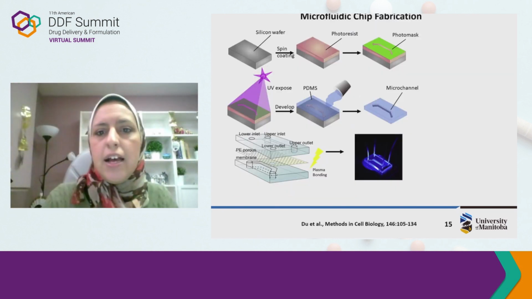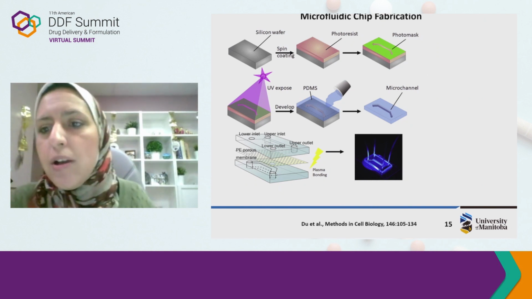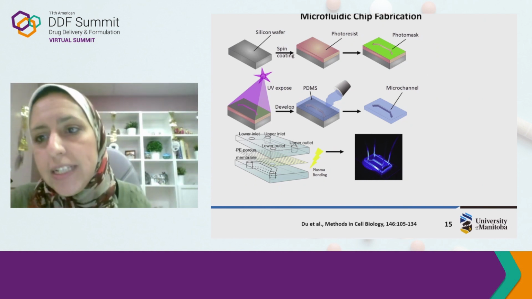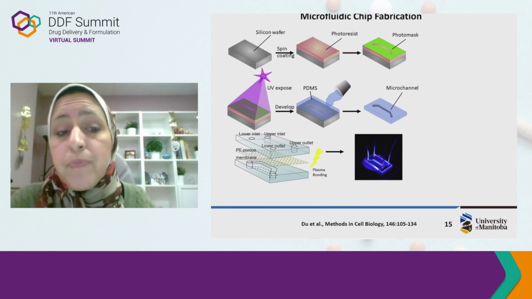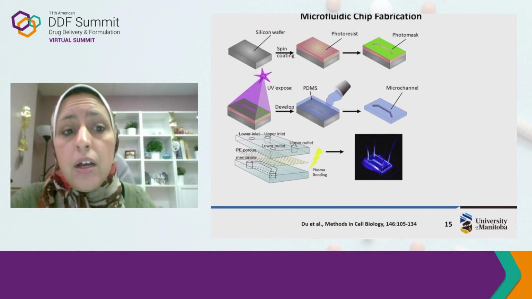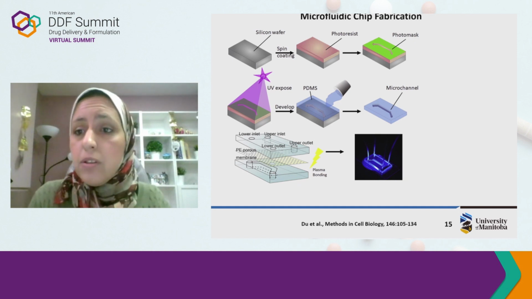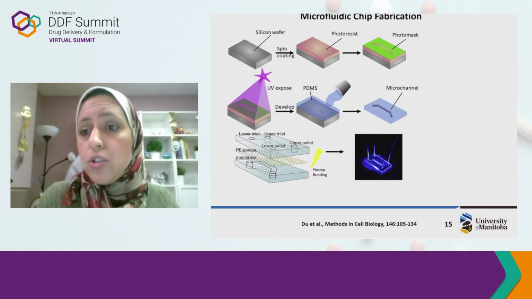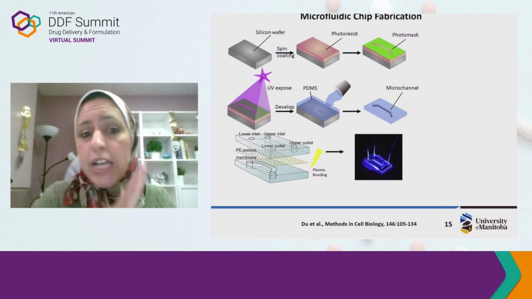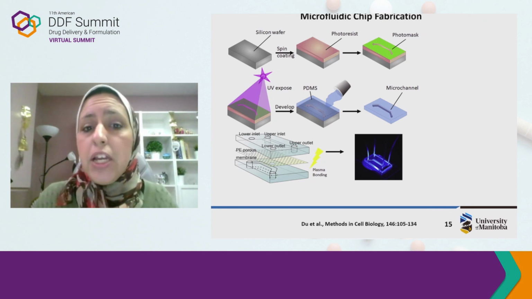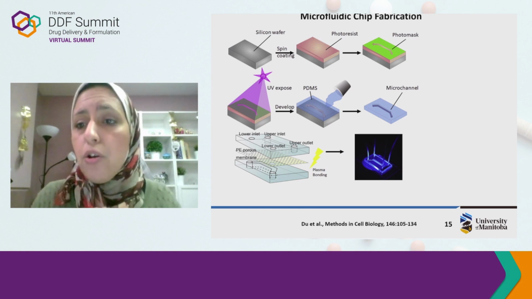But for these experiments, step number 1 is definitely the chip fabrication itself. So we use a polymer called PDMS. This polymer is really flexible and very transparent, so it allows us to do good imaging. Without going into the details of the fabrication, it's based mainly on lithography.